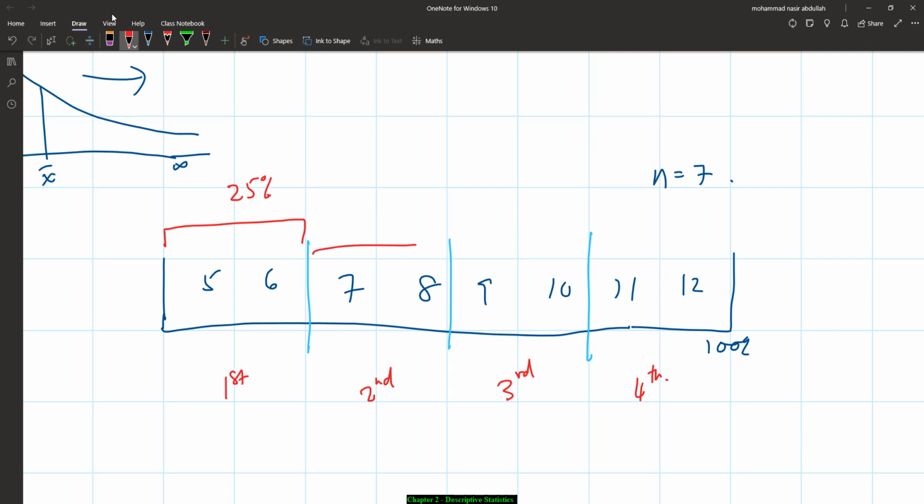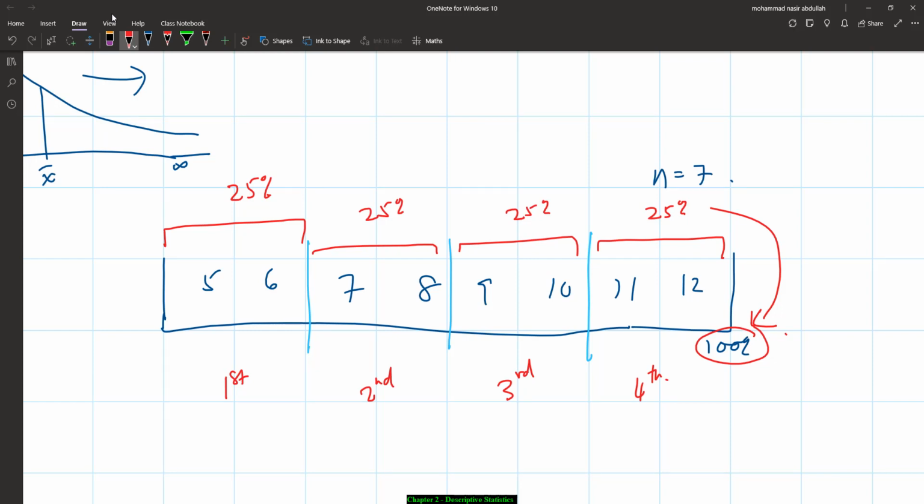The second part also consists of 25% of the data. The third part also consists of 25%, and so does the fourth part. So the total should be equal to 100%. Can you understand? We divide the data into 4 parts.